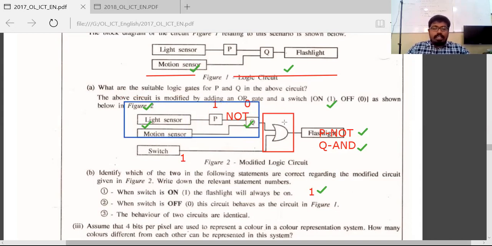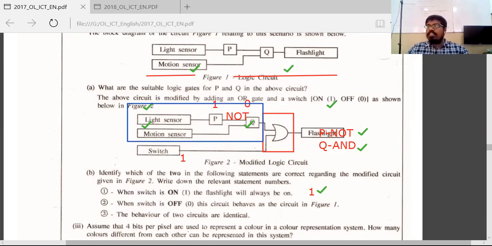This is an OR gate, and already on one side the switch is 0. Depending on this blue colored box circuit, the output will be there. If the blue colored circuit output is 0, the output will be 0. If the blue colored box is 1 and the switch is 0, the output will be 1.